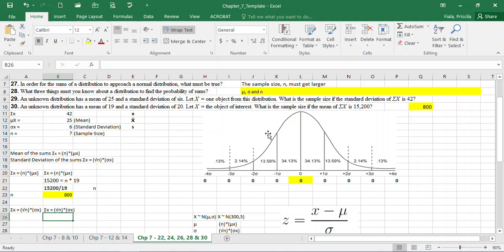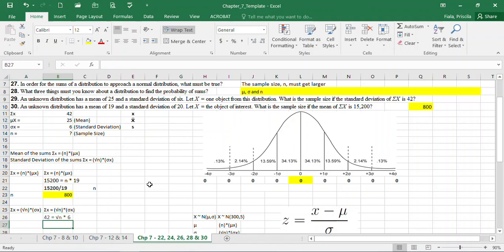So we have the sum of the values, 42, equals the square root of n, and I can get rid of the parentheses, times the standard deviation, 6, correct? Let me format this here, hopefully it won't change.